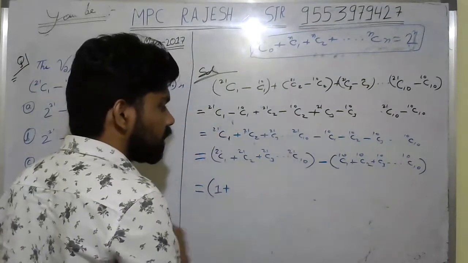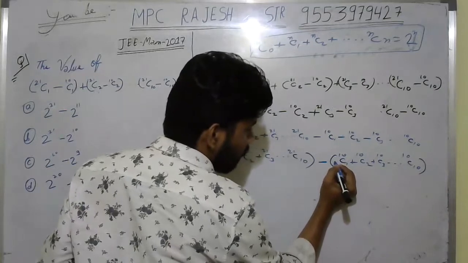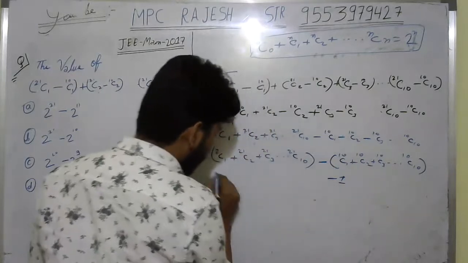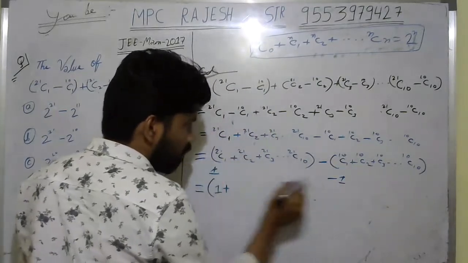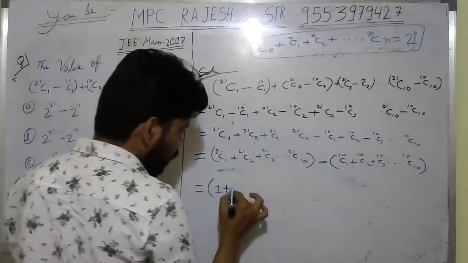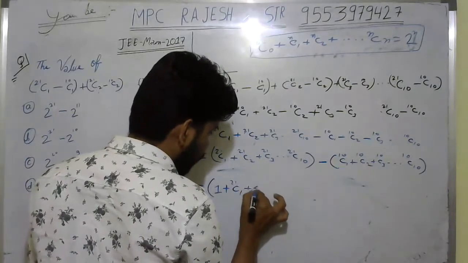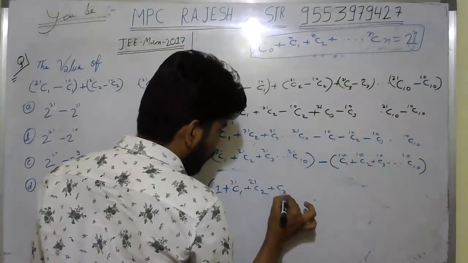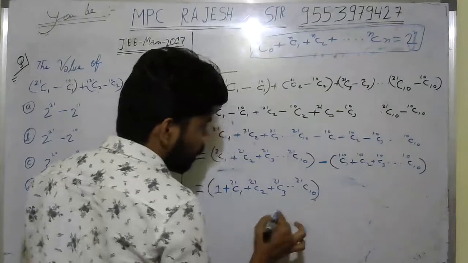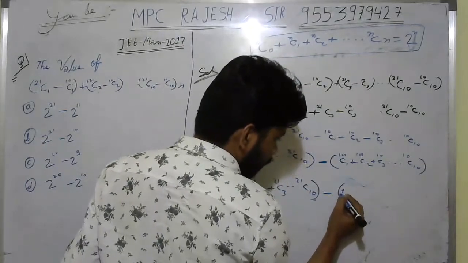Adding 0 means nothing will change. Here we add plus 1 and here we also add plus 1. When the minus operates, here comes minus 1 and here is plus 1. So both plus and minus cancel. That logic we are applying here. 1 plus C(21,1) plus C(21,2) plus C(21,3) up to C(21,10).